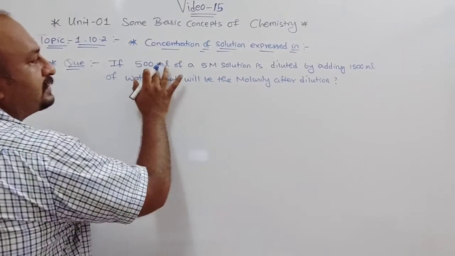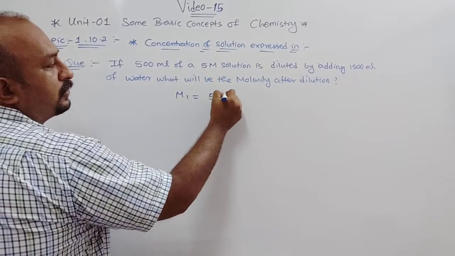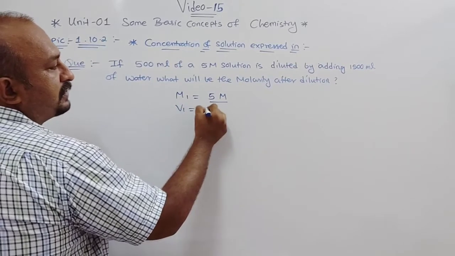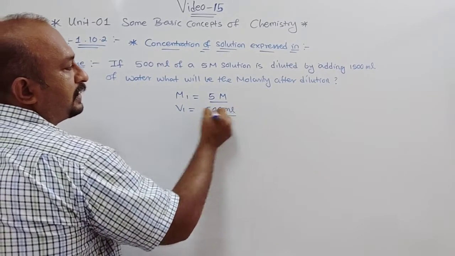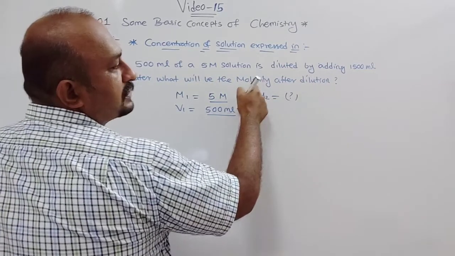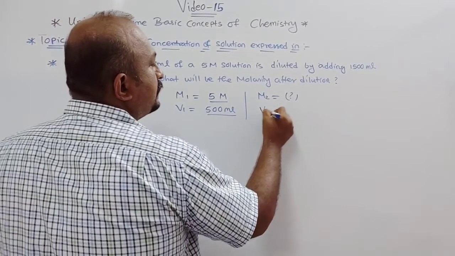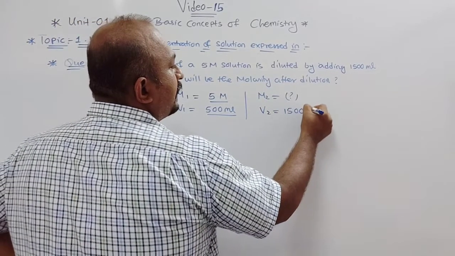Here you can see 500 ml of 5 molar is given. So M1 is 5 molar, V1 is 500 ml. We need to find M2, because the molarity is asked after dilution, and V2 is given, that is 1500 ml.